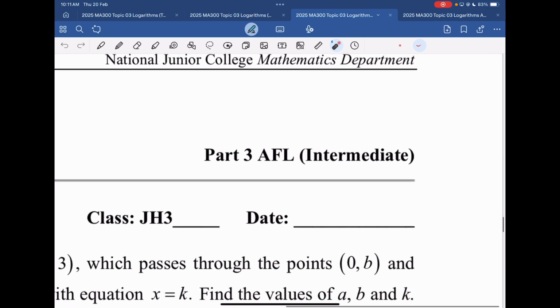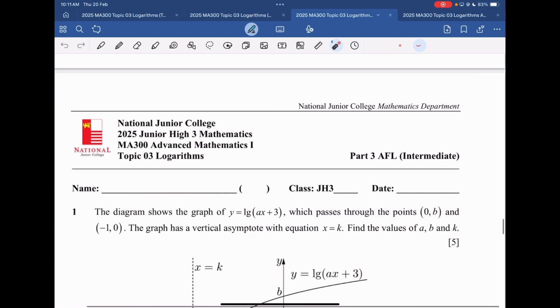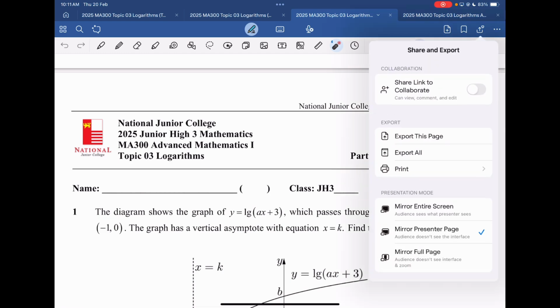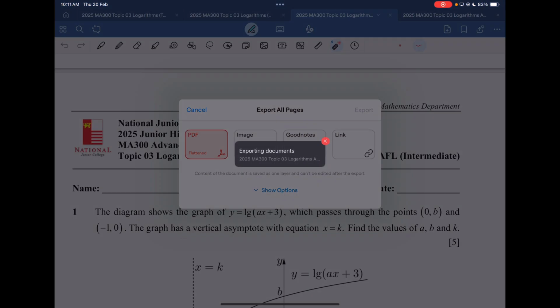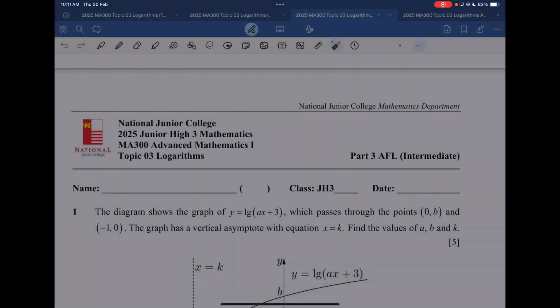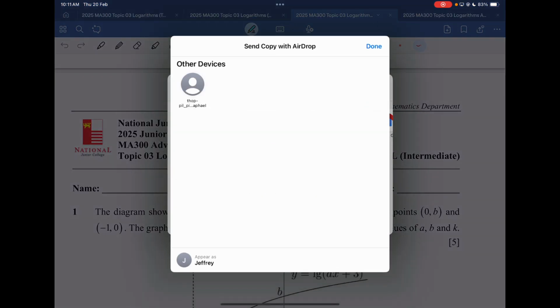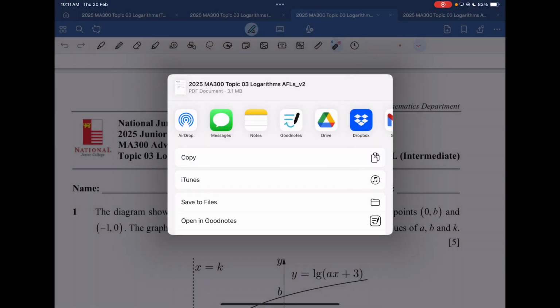Okay, I'm sending it now as we speak. Le Yang, Arata, Ryan, do you need it or not? No, they're not in this class.